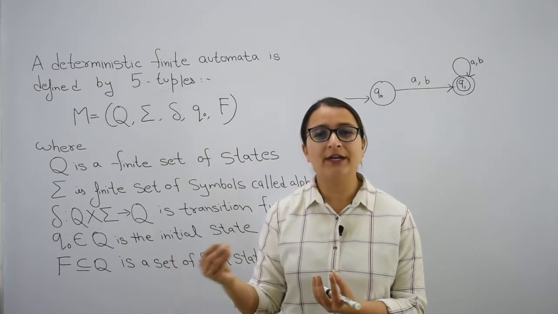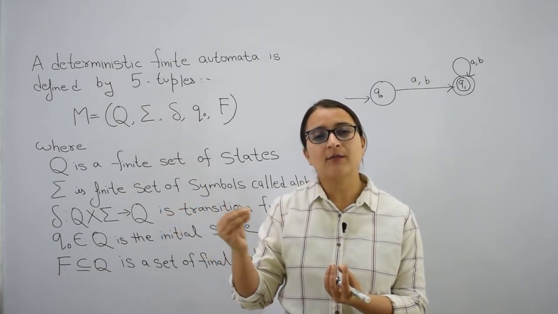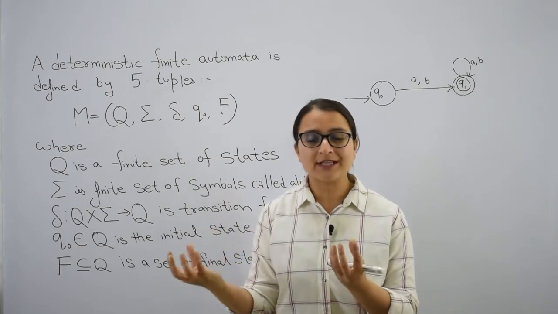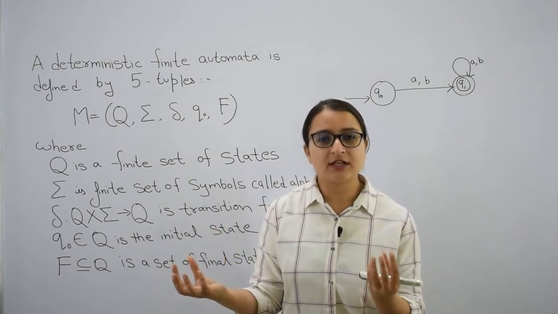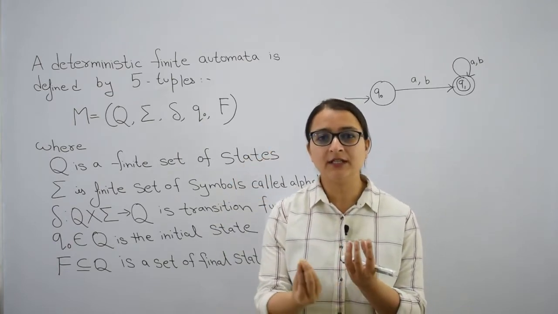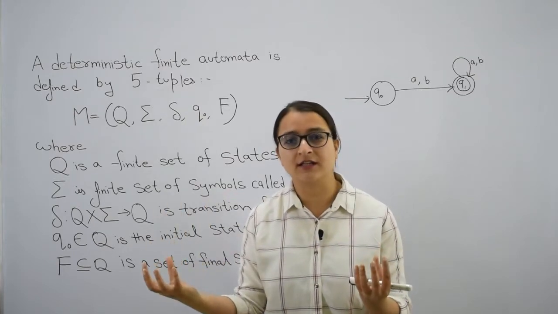Now what do you do? You heat it. What happens? Its state changes. After a certain amount of heat, its state changes to liquid. So what is happening? Water is initially in one state, and after you give it some heat, it changes to another state. So its state is changing.